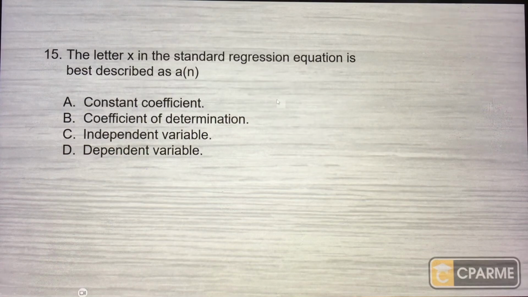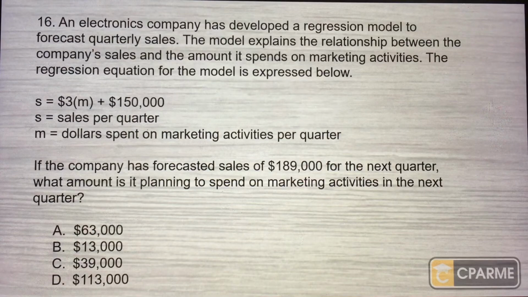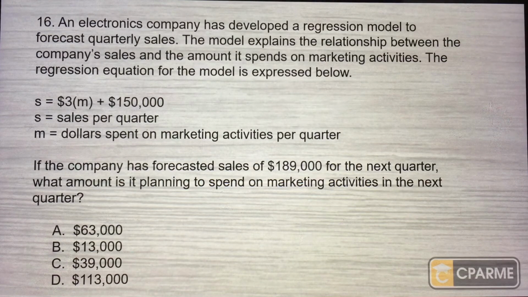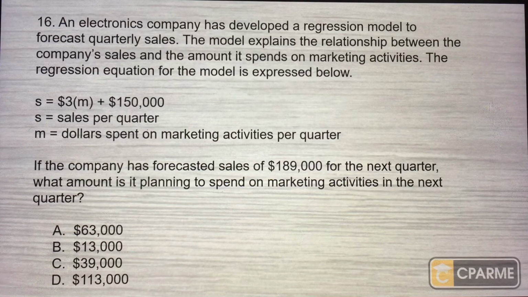This one. If the company has forecasted sales of 189,000 for the next quarter, what amount is it planning to spend on marketing activities in the next quarter? The total forecasted sales is 189,000. An electronics company has developed a regression model to forecast quarterly sales. The model explains the relationship between the company's sales and the amount it spends on marketing activities.